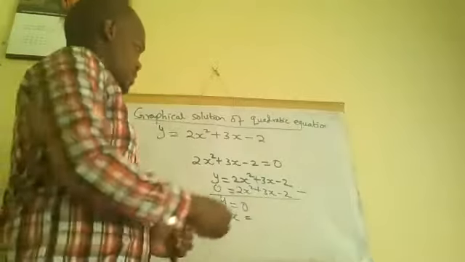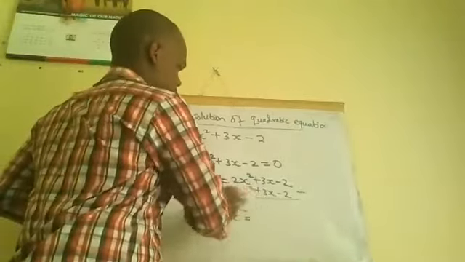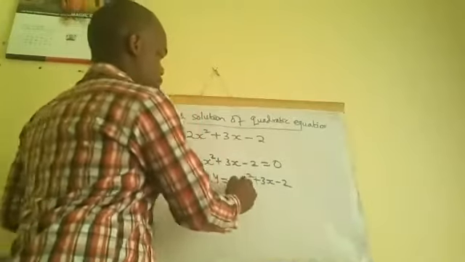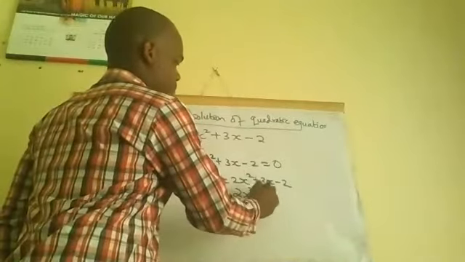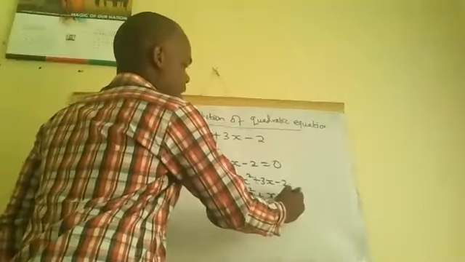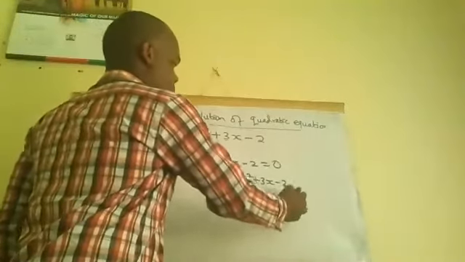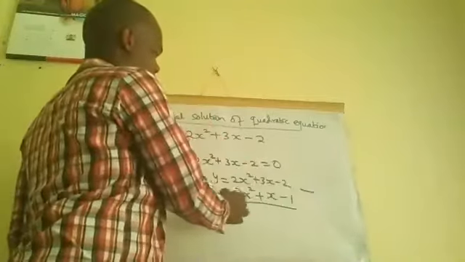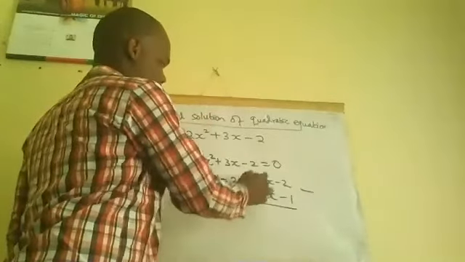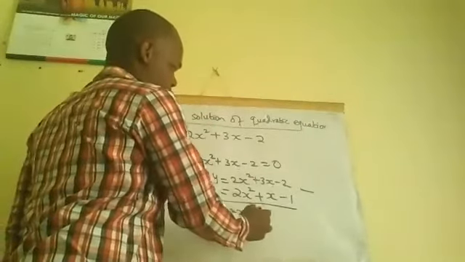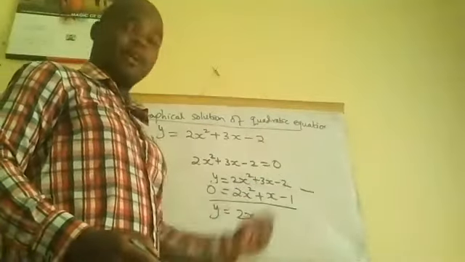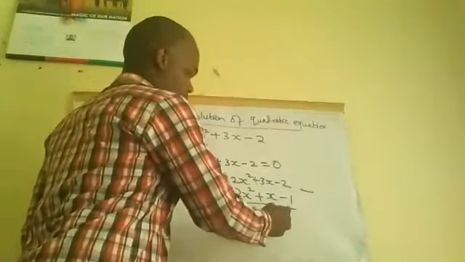Another thing is, suppose we are solving an equation like, let's say, 2x squared plus x minus, let's say, 1 equals 0. So when I subtract here, I'll be having y equals 2x, and then minus 2 minus minus 1 is negative 1.